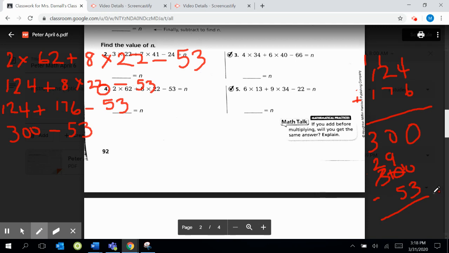That becomes a 10. 3 and what make 10? 3 and 7 make 10. And 5 and what make 9? 5 and 4 make 9. And 2.